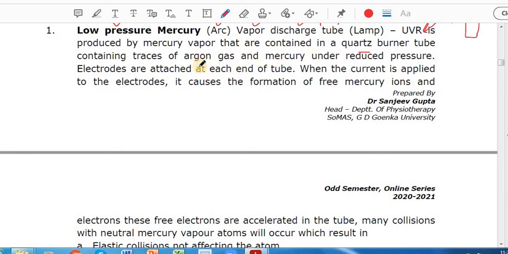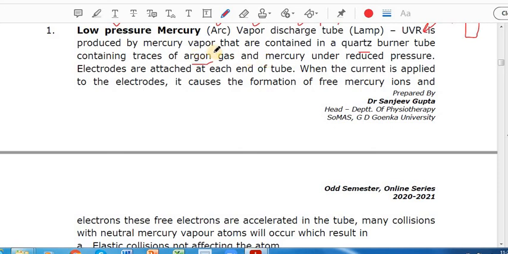As I said, we put argon gas because we have to keep the material inert, otherwise mercury, because mercury is a metal and it is reactive also, may react with some gas or with some other substance, so we are trying to keep it as inert as possible. So we are having argon in the tube, and we do not have much mercury in the tube because the expansion will be there, because the heat will be generated.